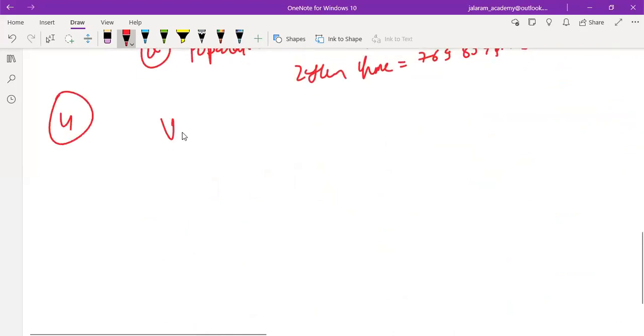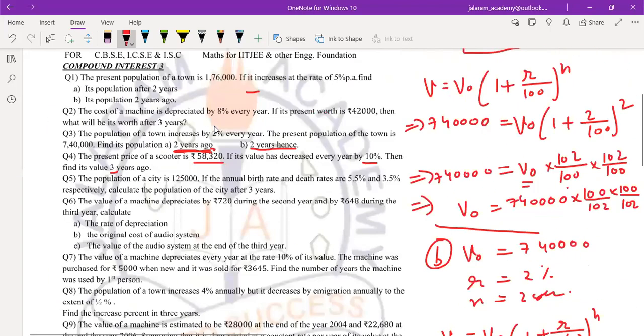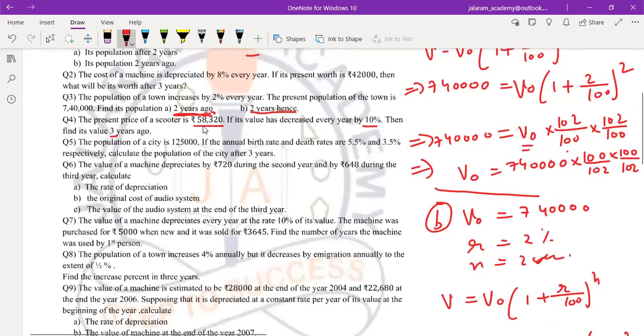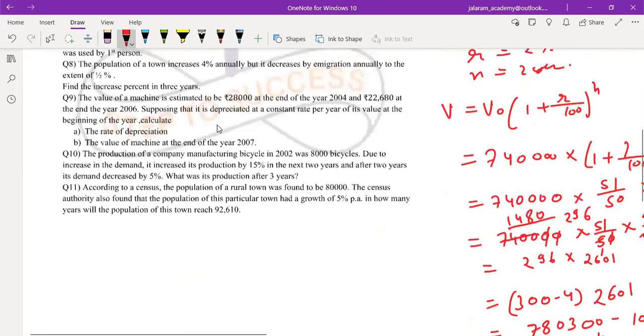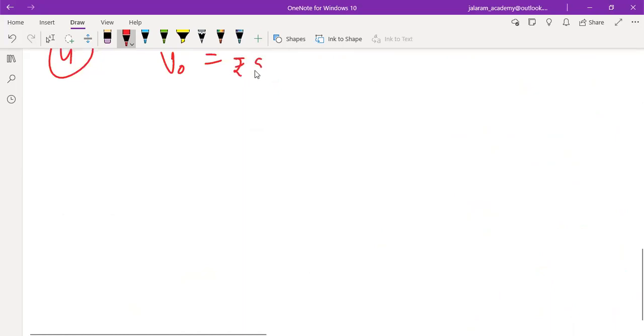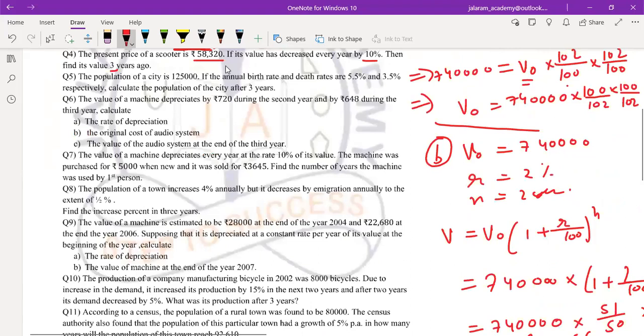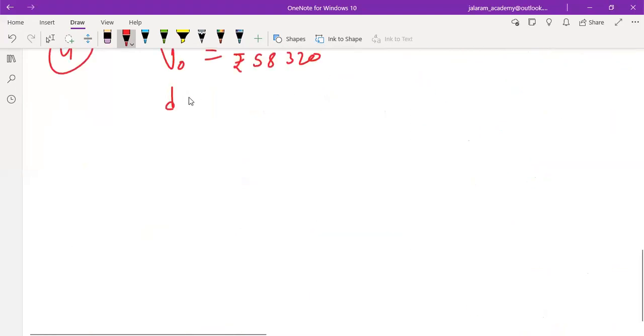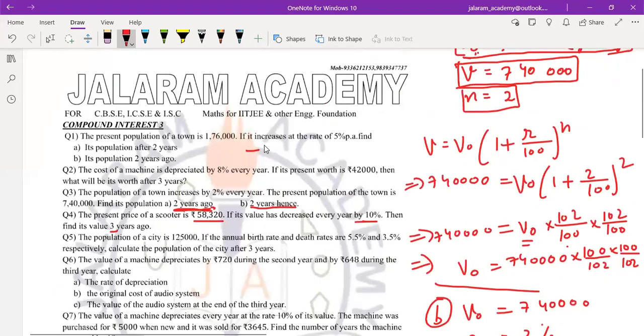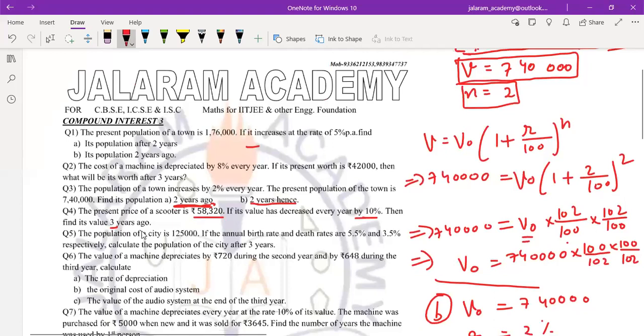The original value is 58,320, and the rate of depreciation, meaning decrease, is 10%. And we have to find the value 3 years ago.